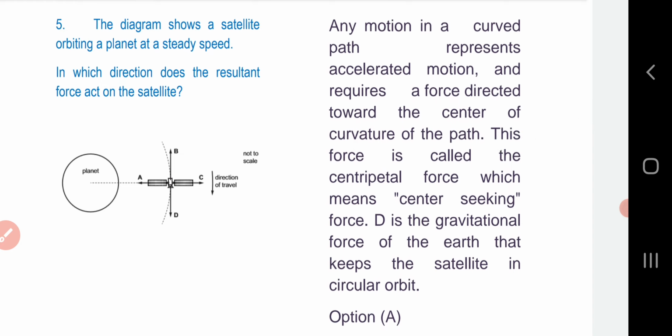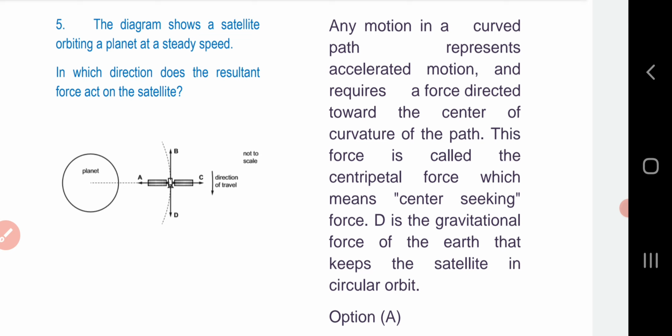Question number 5. The diagram shows a satellite orbiting a planet at a steady speed. In which direction does the resultant force act on the satellite? And the answer is any motion in a curved path represents accelerated motion, and accelerated motion requires a force directed towards the center of the curvature of the path.